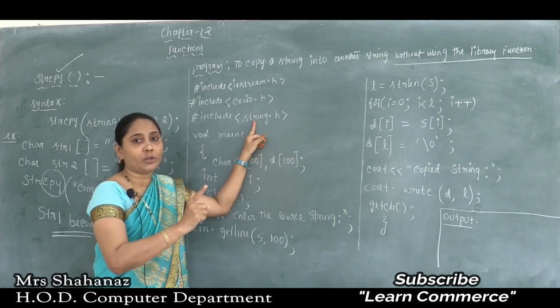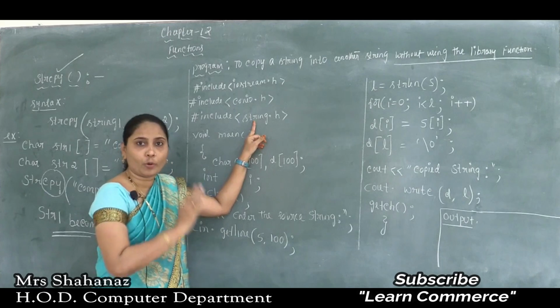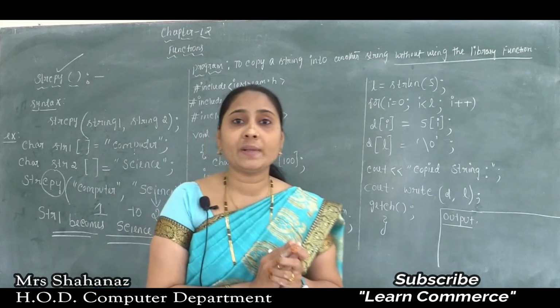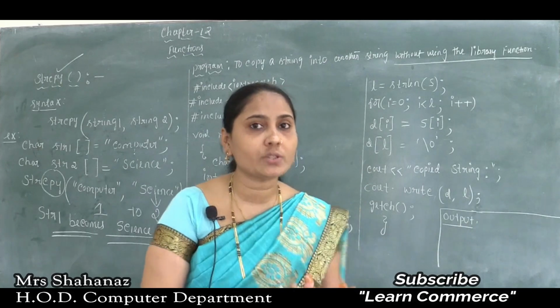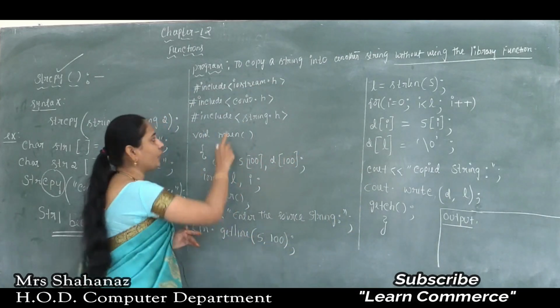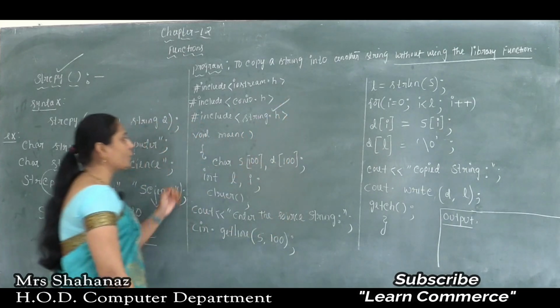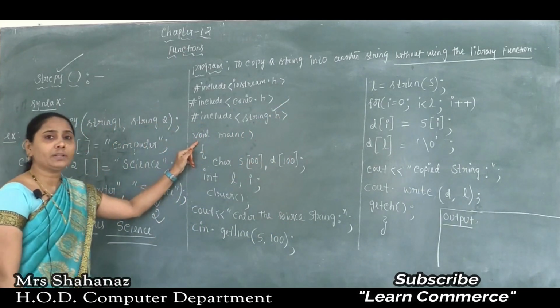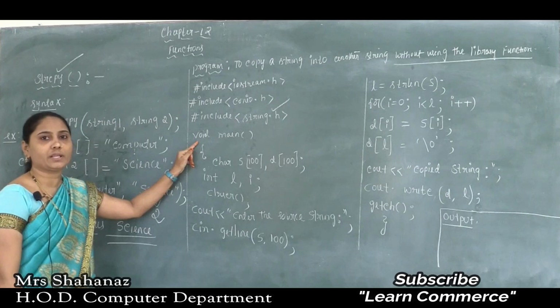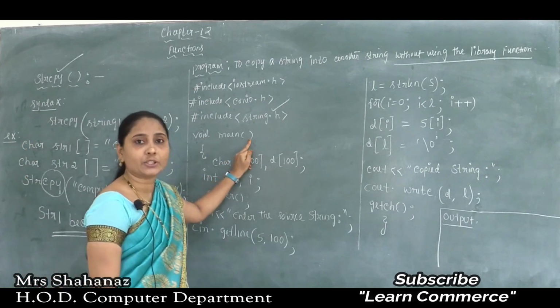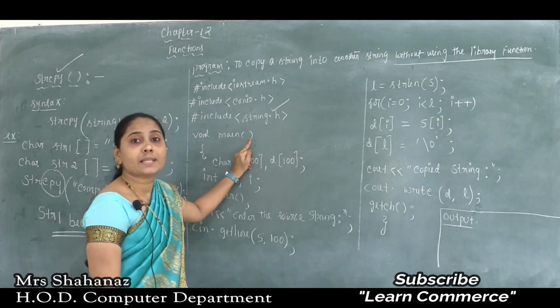ctype.h here. But in the program, if you are going to use any string function, then the header file string.h needs to be used here. And later next one, as we know, the program starts with the main function, so void main open close, and you should know, no semicolon, correct?